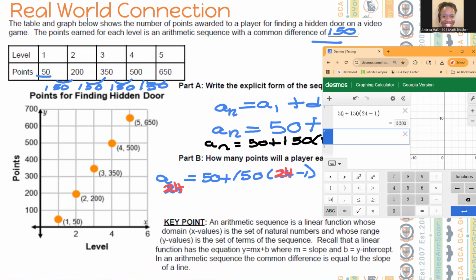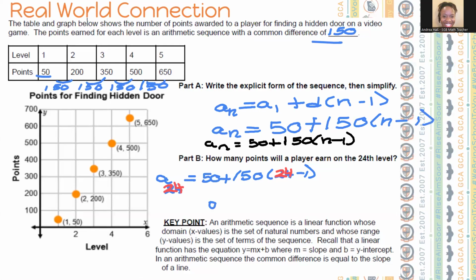Make sure I put that in there correctly. And 3,500. So a sub 24 is equal to 3,500. And that's my answer.